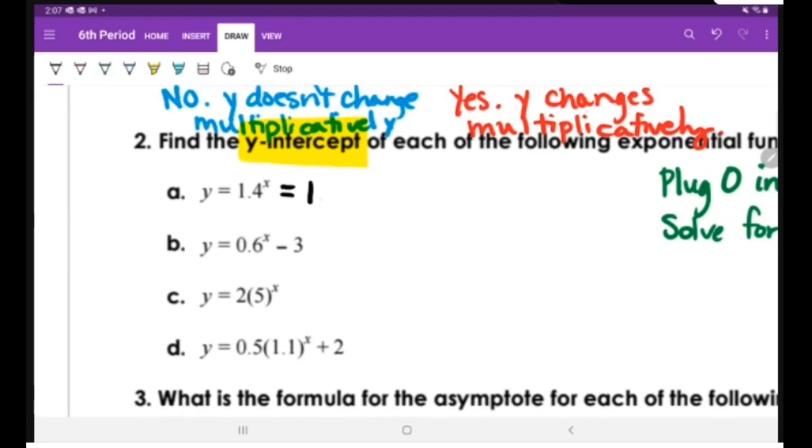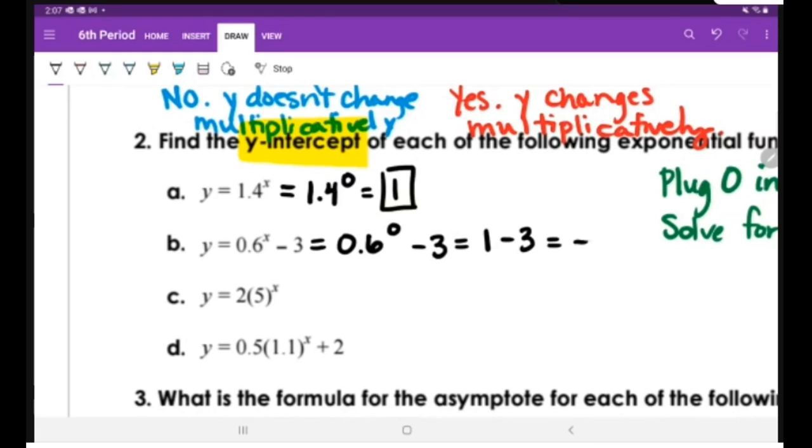So the first one becomes 1.4 to the 0 power. Well, anything to the 0 power is 1. Or you can plug it into your calculator if you don't trust yourself to do this in your head. That's fine too. For part B, when we plug in 0, we get 0.6 to the 0 power minus 3. Anything to the 0 power is 1. So this just becomes 1 minus 3, which is -2.